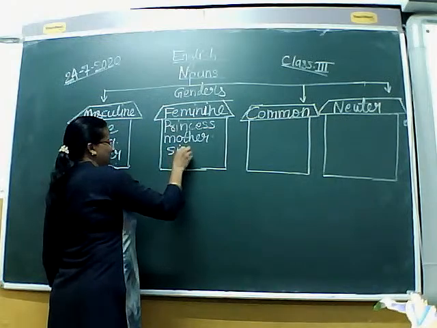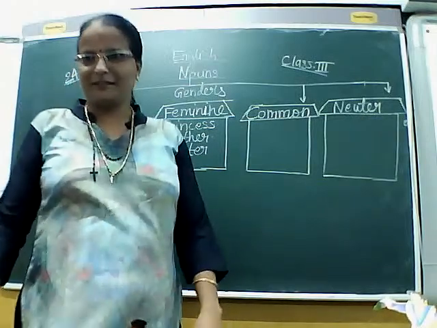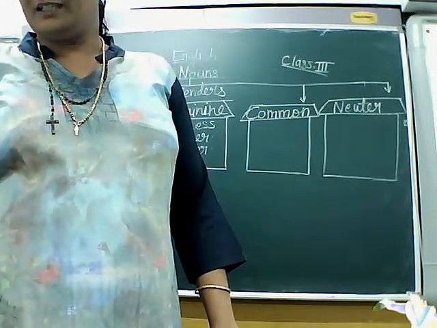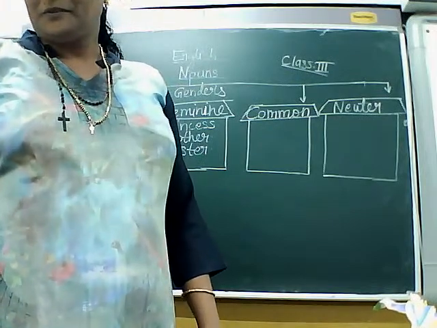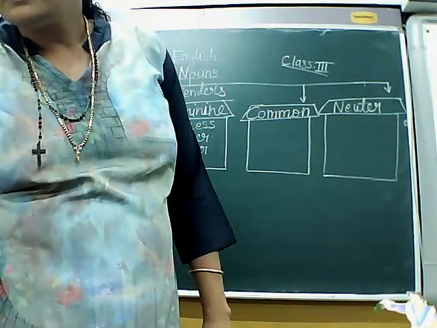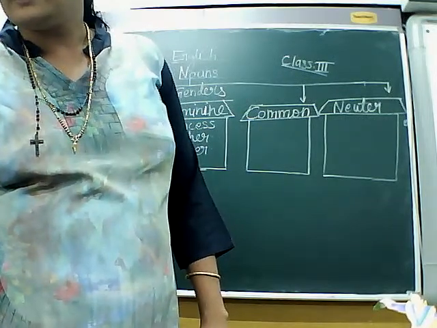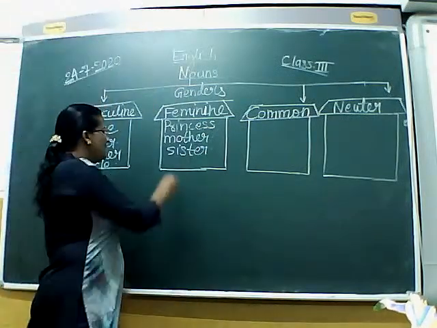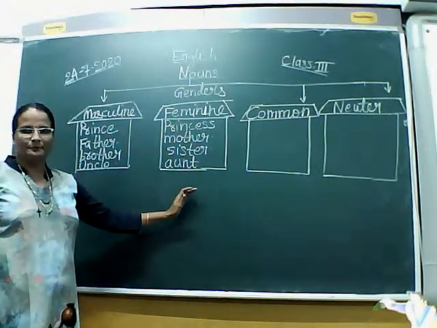So fast. Good children. Sister. And uncle. I hope already somebody might have typed it. Okay. Queen, yes. Uncle, auntie, yes. Yadagiri Dasri. Okay. Uncle, auntie. Yes. Good. So, uncle, auntie, or aunt is the feminine gender.